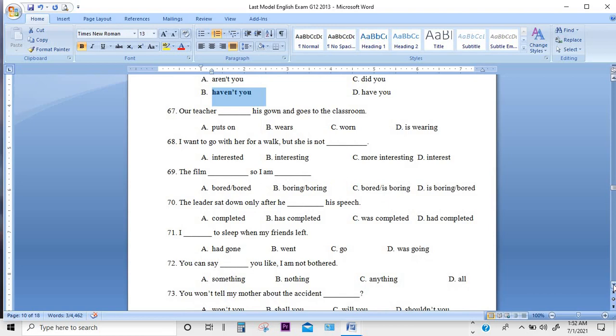Our teacher dash is gone and goes to the classroom. So the second action shows that he goes, our teacher goes to the classroom always, it's kind of simple action. Puts on, wears, worn, is wearing.